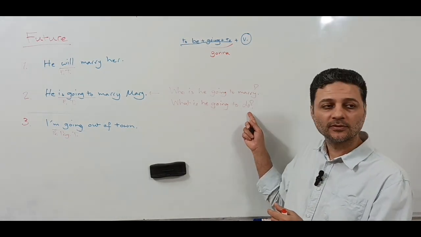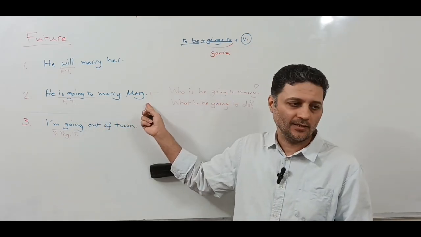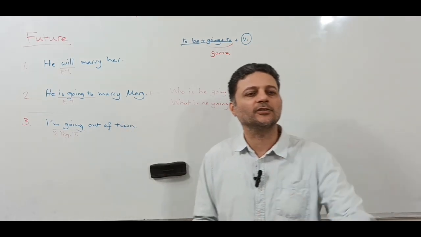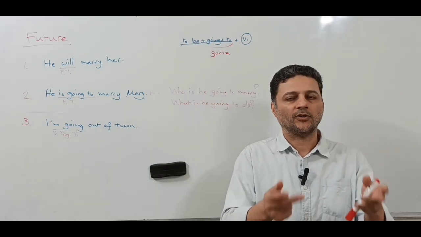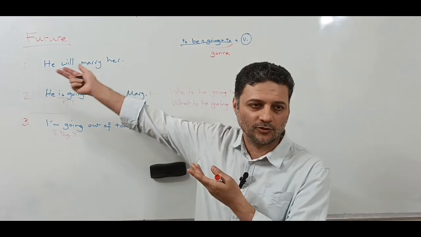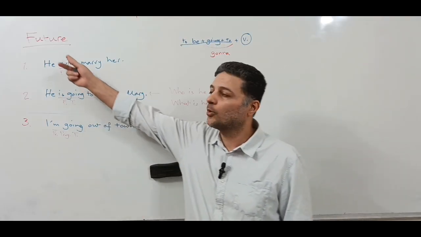What's he going to do? He's going to marry her. What are you going to do? It means what are you planning to do? For example, you're going to learn about future. You're going to refer to some grammar books, some textbooks to learn more about future.